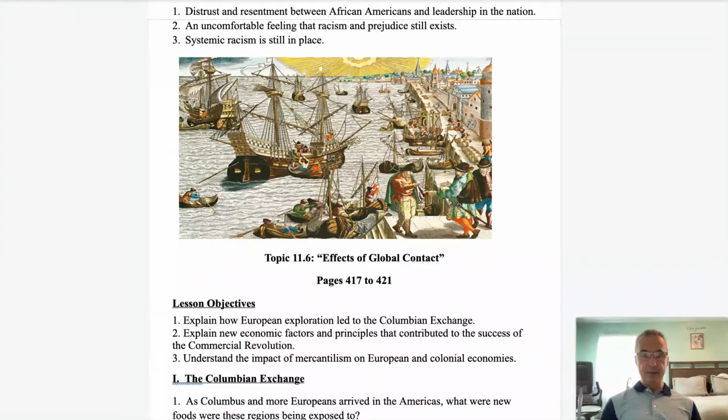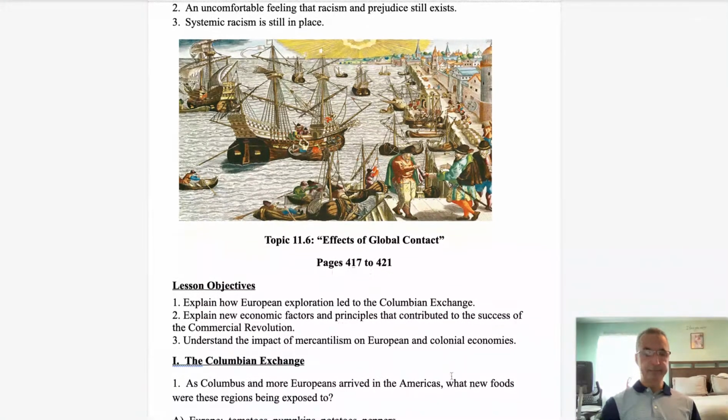As Columbus and more Europeans arrived in the Americas, what new foods were these regions being exposed to? There's a little correction for us.